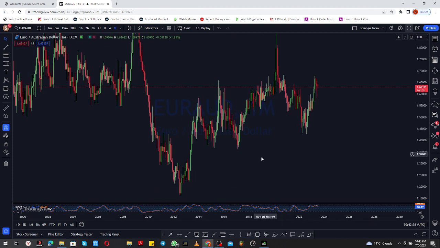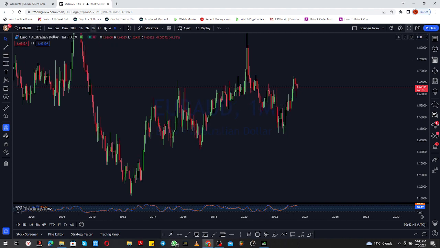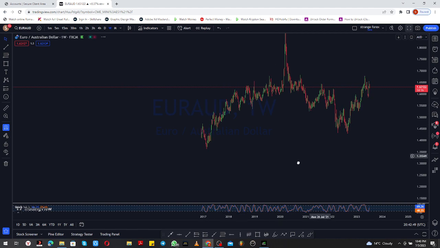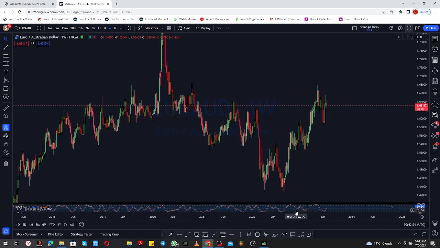Once you're able to mark out structure, you will be able to do a lot of things. So as an exercise, go to your chart from the weekly, or you can even utilize the monthly, and mark out the obvious highs and obvious lows, and try to predict what the market could do next, right?